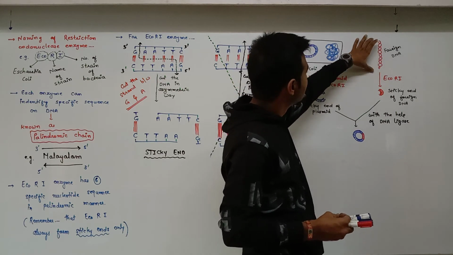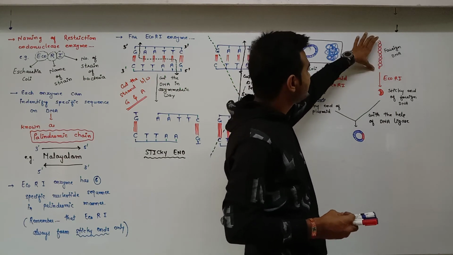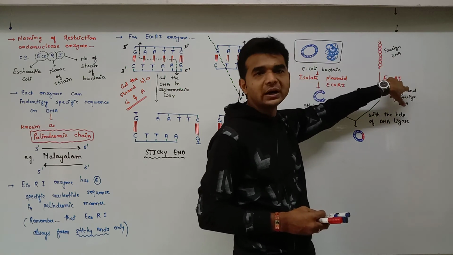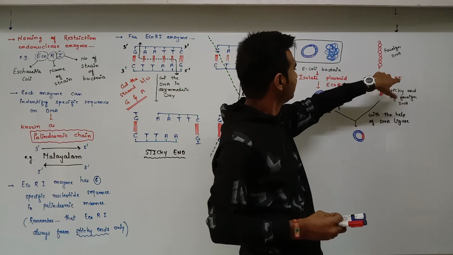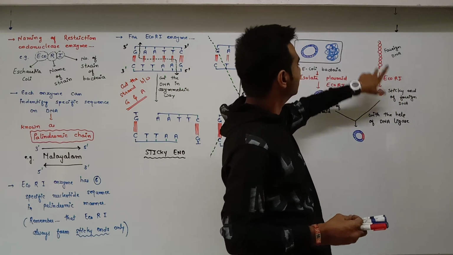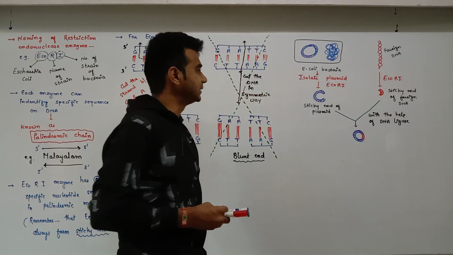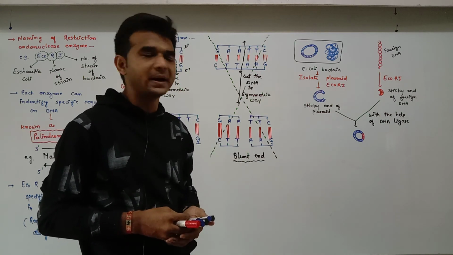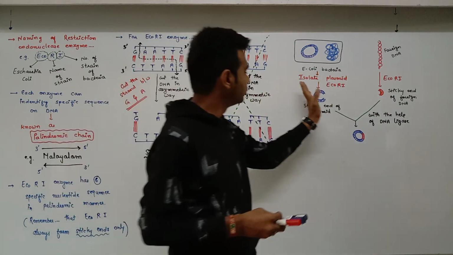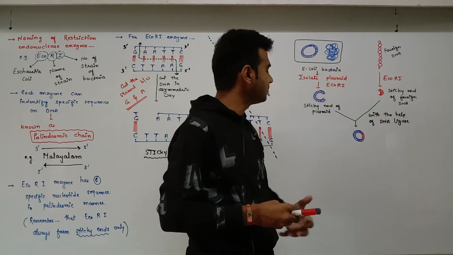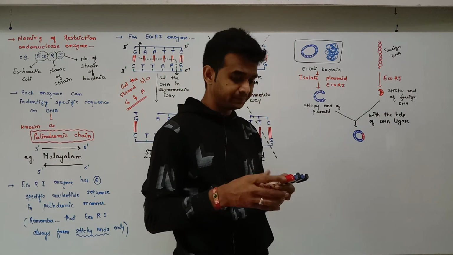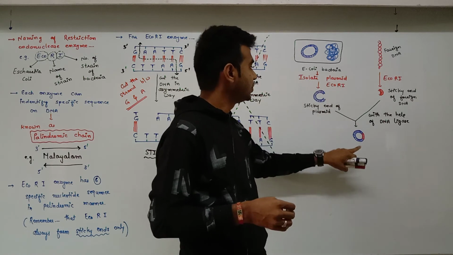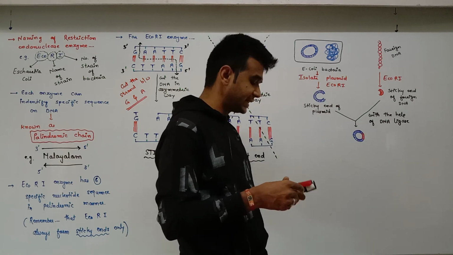So in this foreign DNA, you apply the same EcoR1 enzyme. As a result, it forms the sticky end of the foreign DNA particle. Now, both are joined together by DNA ligase enzyme. So here, the DNA is cut at a specific site and joined by the DNA ligase enzyme.